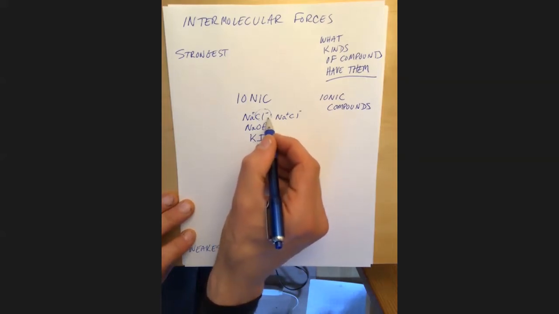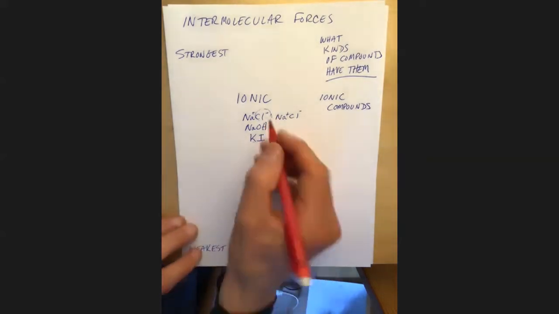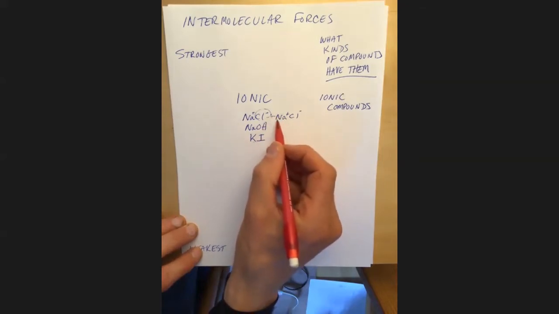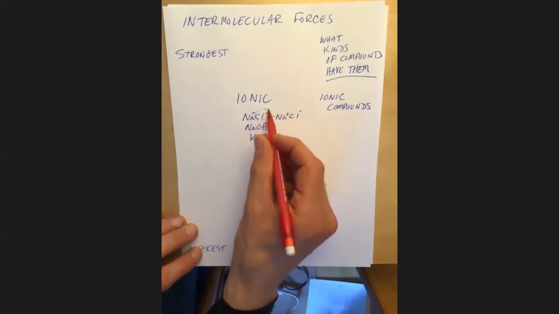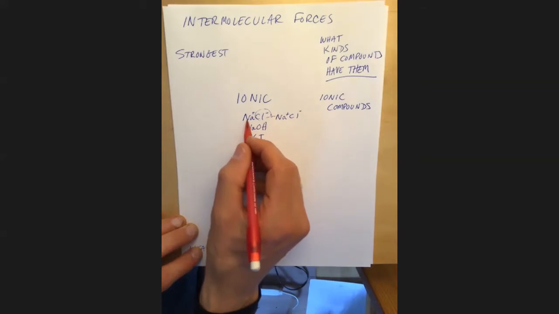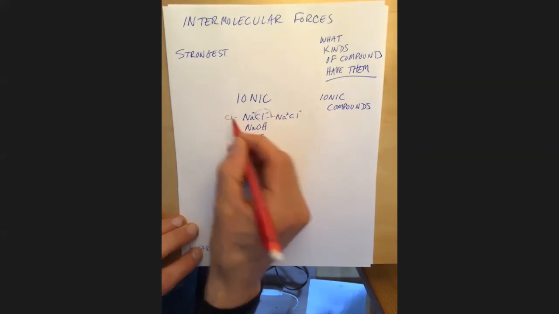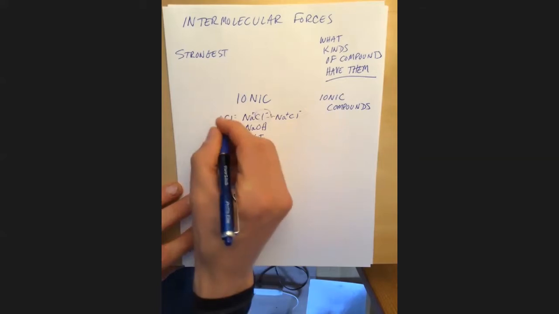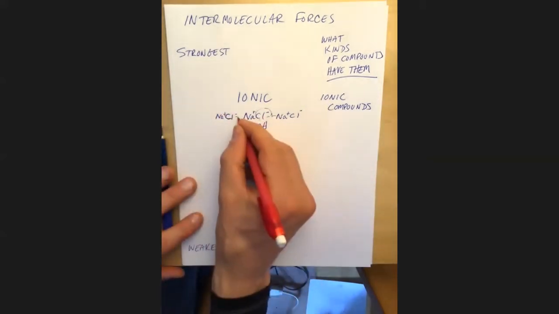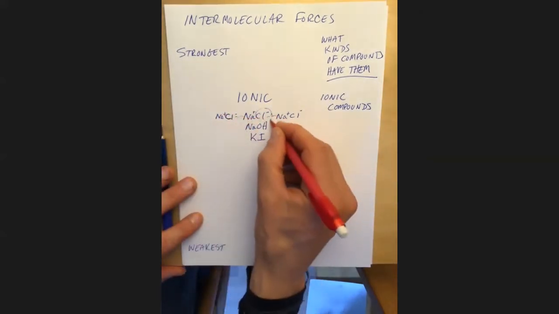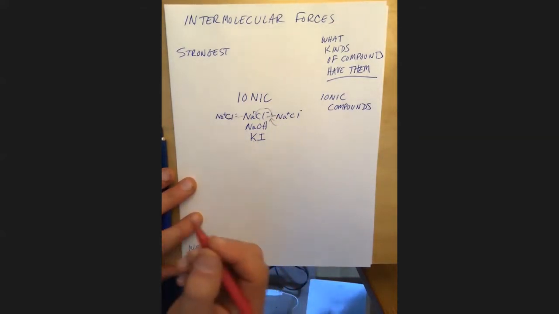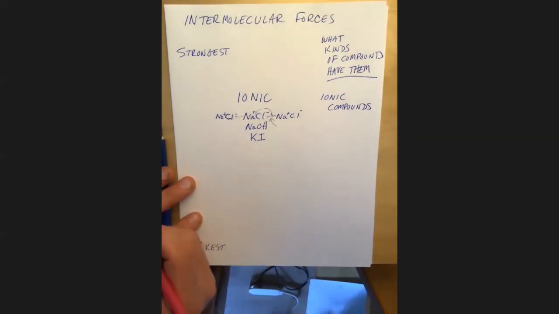So this force of attraction across here from one positive ion to a negative ion to this positive ion, to a negative ion to a positive ion, all these attractions across here would be ionic bonds or ionic forces, and they are super, super strong.